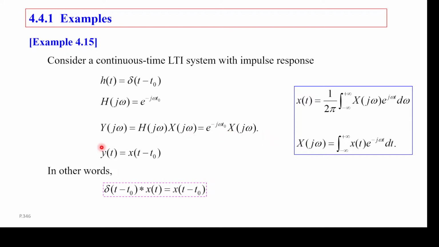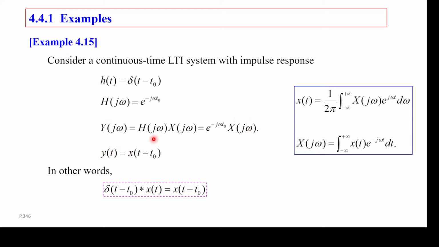When we Fourier transform back to small y of t, that obviously depends on this big X, but this has a particularly nice form, because we have seen that a time shift in the time domain gives you e to the minus j omega t0. So we know this corresponds to a time shift in the time domain.